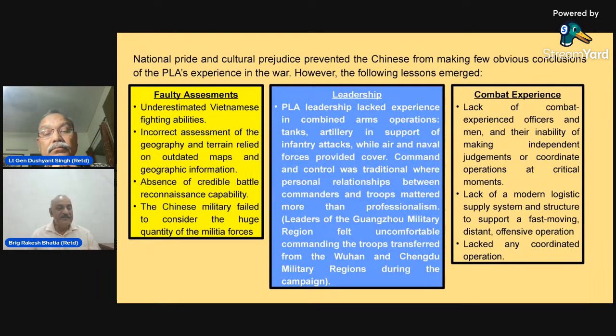Moreover, the moment they were going ahead, the guerrillas used to come and attack and destroy some bridge. So instead of isolating the Vietnamese, the PLA themselves were getting isolated. So these were the weaknesses under these three heads that our students can remember.